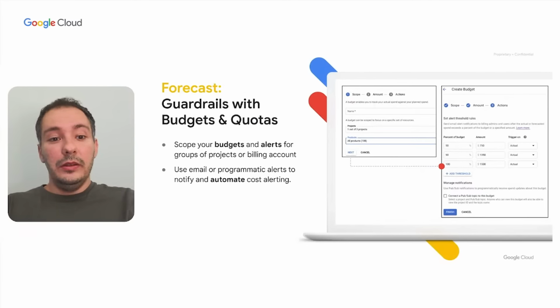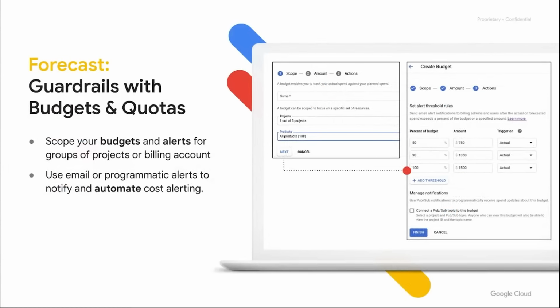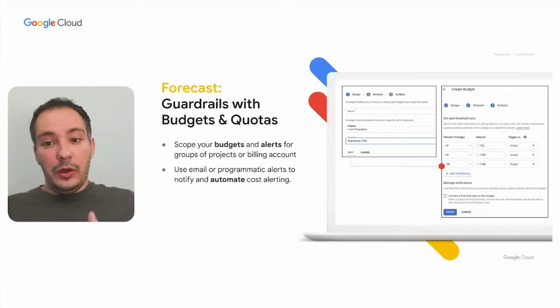Another thing that you can do is to configure a forecast. A forecast is a kind of guardrail. For example, if you have a budget of $10,000 in the month, you can configure a guardrail, a budget alert, to tell you when your budget reaches 50%.